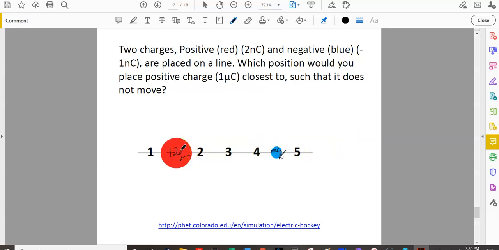You're going to place a positive q, or really you're going to place any q, somewhere on this number line, closest to one of these numbers, such that it will not move, meaning the forces will be balanced on it. There will be no acceleration vector. But we're just going to work with a positive q. So where would you place this positive q closest to, such that it will not move? 1, 2, 3, 4, or 5. Pause the video and try doing the reasoning that we've just tried. Okay?